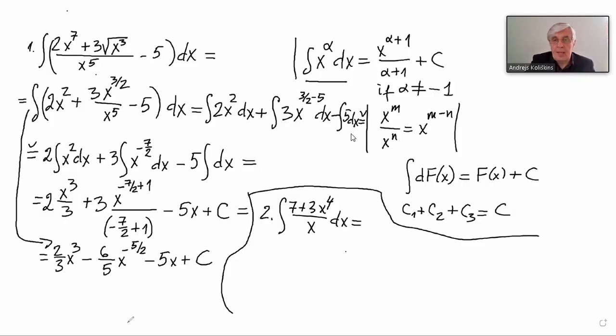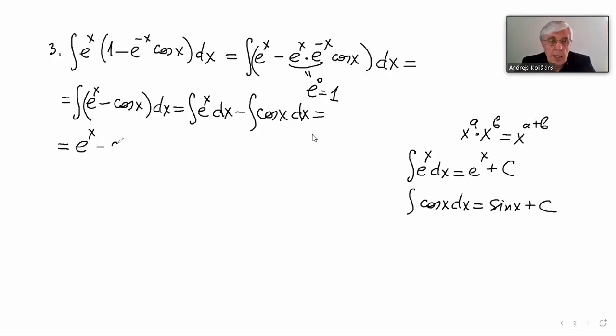And we integrate cosine. Then from the table, you observe that we get sine. So this integral is minus sine. And then I just add an arbitrary constant. And this is the result. Again, you can verify by differentiating this expression that you get this. The derivative of this function is e to the power x minus cosine x.